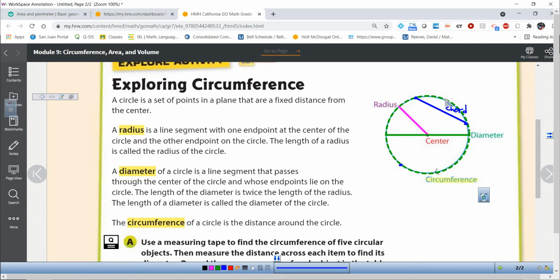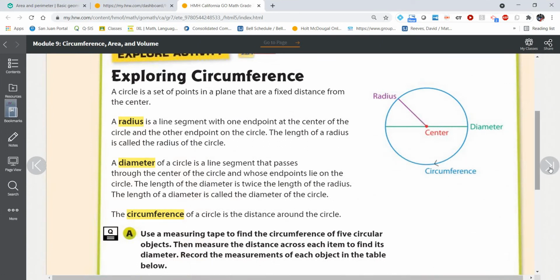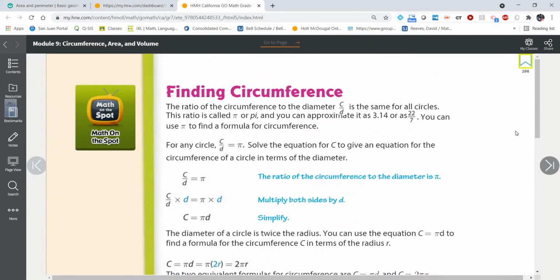It doesn't matter where you start, that distance around will always be the same. That's what we're going to be working with in this lesson, the circumference of a circle. So the question you might have is, how do you find the circumference? Well, I'm so glad you asked.